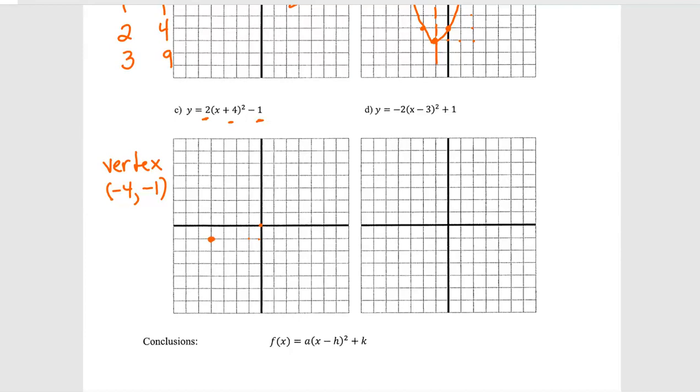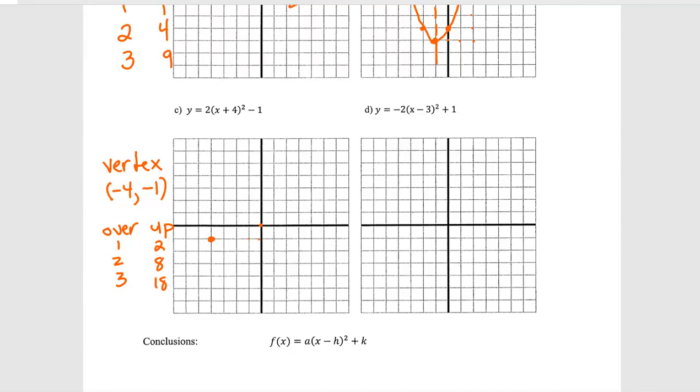Now the 2 in the front is changing my pattern. All my pattern is going to be stretched taller. I move over 1, over 2, over 3 the same way, but my ups are going to be stretched 2 times taller. So instead of over 1, up 1, I go over 1, up 2, and over 2, up 8, which is 4 times 2.